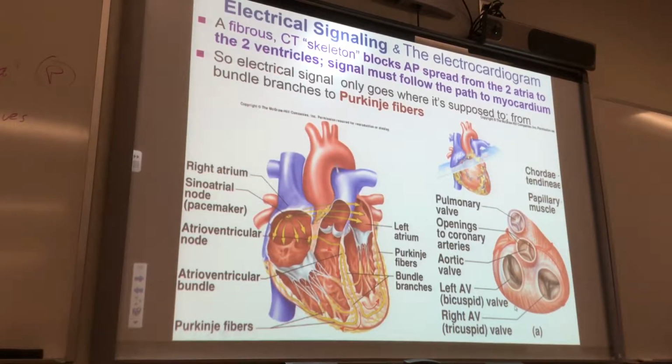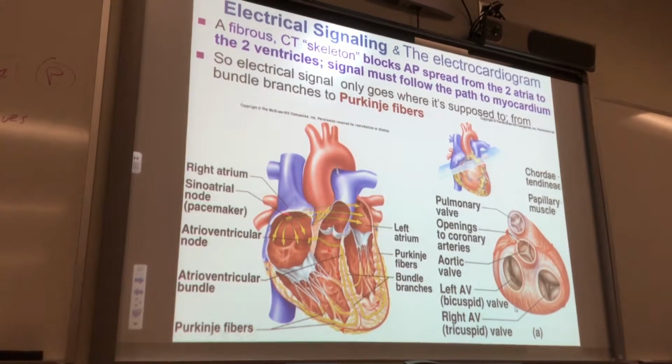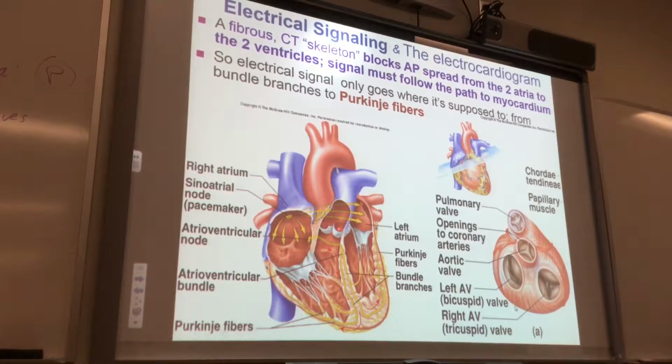So the electrical signal only goes where it's supposed to go, which is from SA to AV to bundle of His to the right and left bundle branches and to the Purkinje fibers. In this cartoon, there would be a connective tissue skeleton running this way.